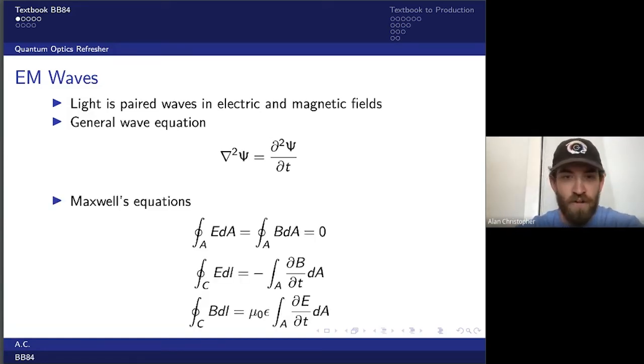These aren't just any old wave. These are electromagnetic waves, which means they additionally satisfy Maxwell's equations. The first two on this line are flux conservation. The next two are Faraday's and Ampere's law, which say that changes in electric fields induce magnetic fields, and similarly that changes in magnetic fields induce electric fields.